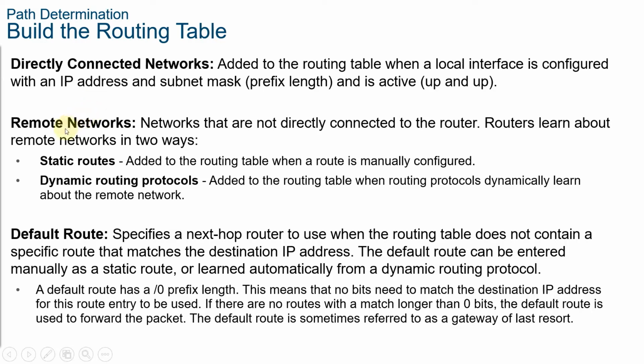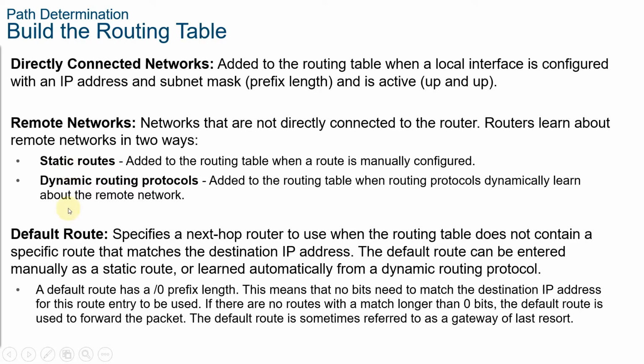Next would be the remote networks. Remote networks are networks that are not directly connected to the router, as shown in the topology presented earlier. Routers learn about remote networks in 2 ways. First, static routes, added to the routing table when a route is manually configured.